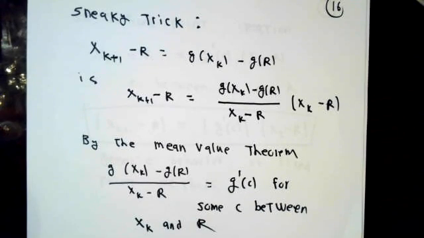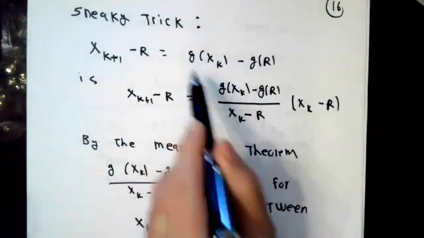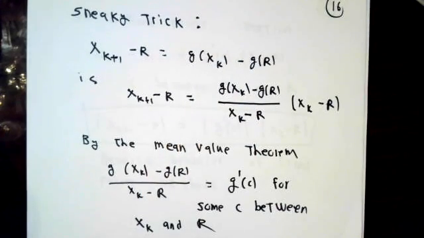Here's the trick. This right-hand side, g of x_k minus g of R, should remind you of something if we remember what the mean value theorem looks like. It's the top of the fraction that we referred to in the mean value theorem.